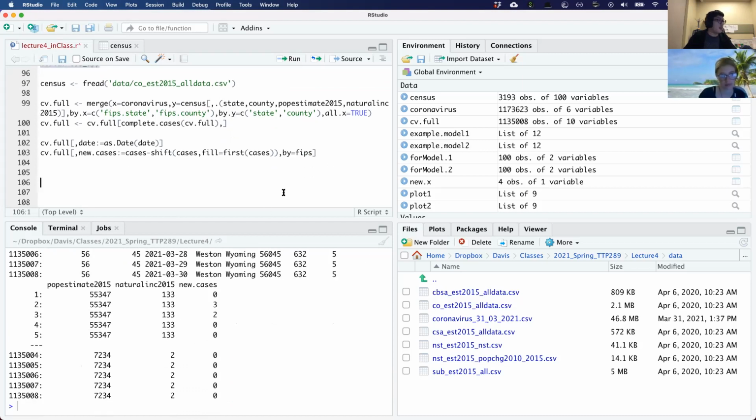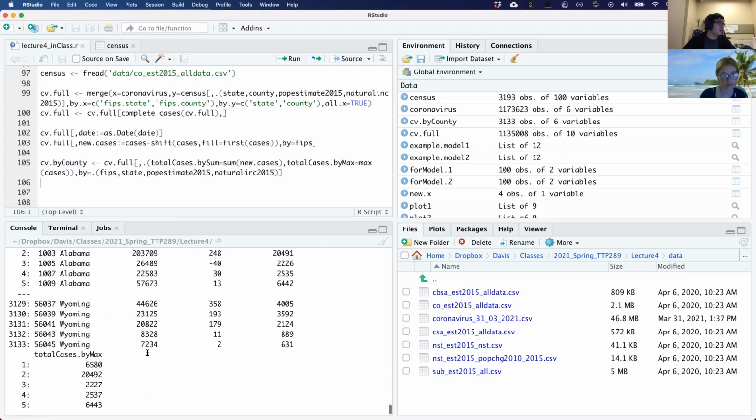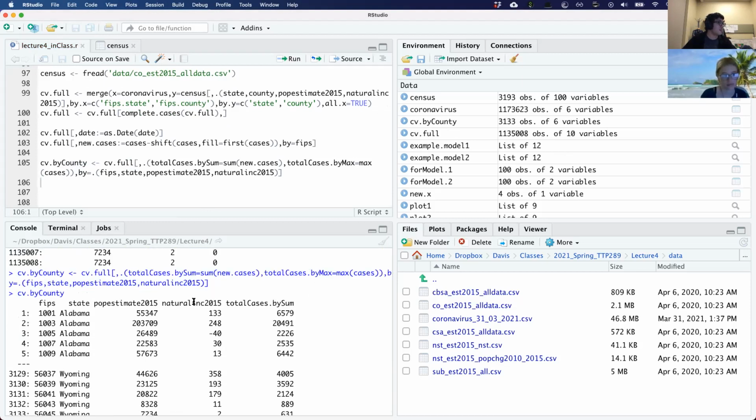Okay, and so actually I'm going to breeze through this and maybe just explain what the code is doing. Here I'm creating a different table where I can look at specific breakdowns by county.